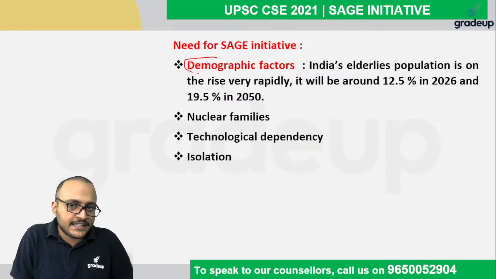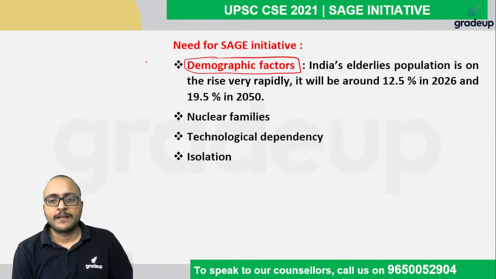First thing is the demographic factor. I hope you remember the previous lecture that I took last week related to China's single child policy and its replacement by a new three child policy, and India's feasibility for such policies.